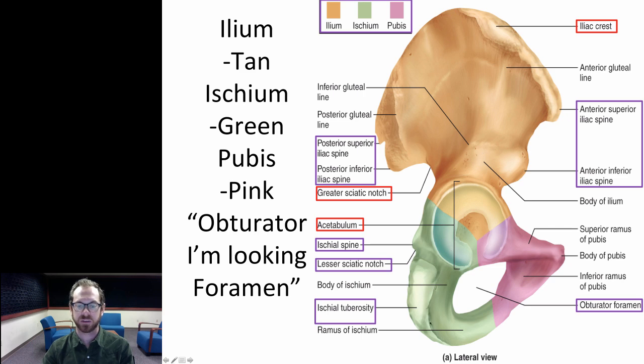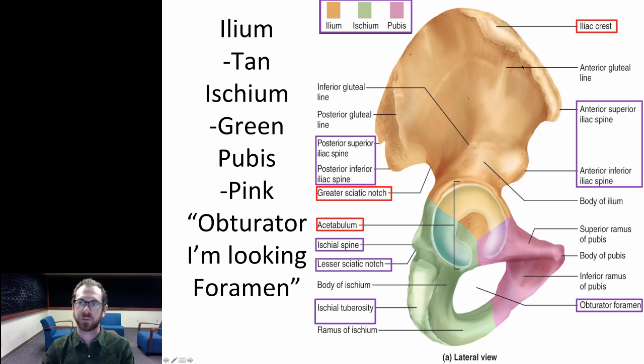This is in green, the ischium, and then this is the pubis in pink here. All right. Now, the ilium is going to be your most superior part of the pelvic girdle. Your ischium is going to be the posterior side, and the pubis is the anterior.